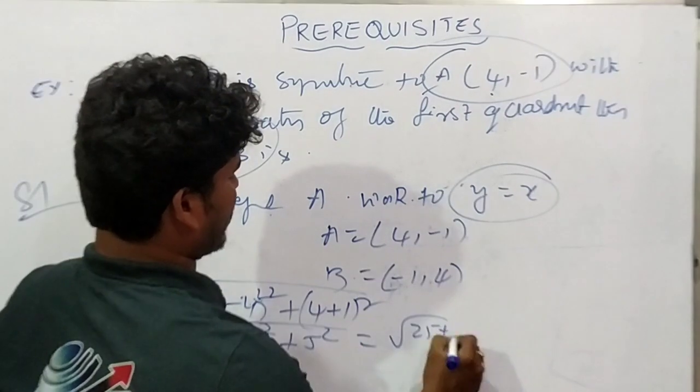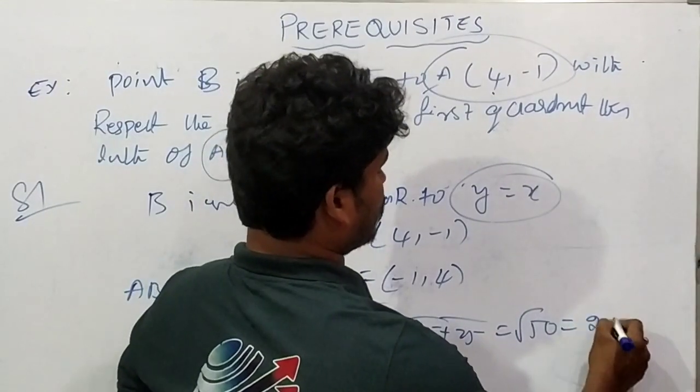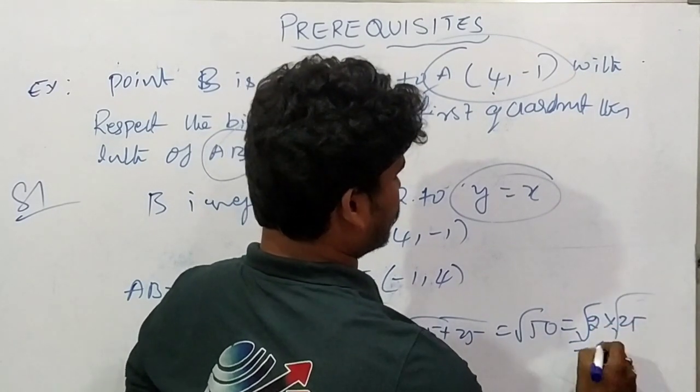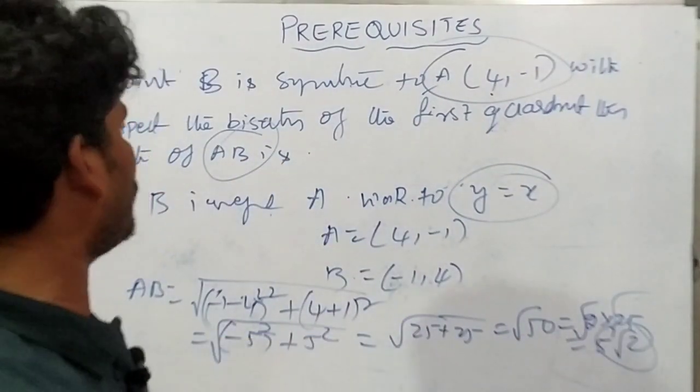Therefore root 25 plus 25 is root 50, which is 5 root 2. This is the distance AB.